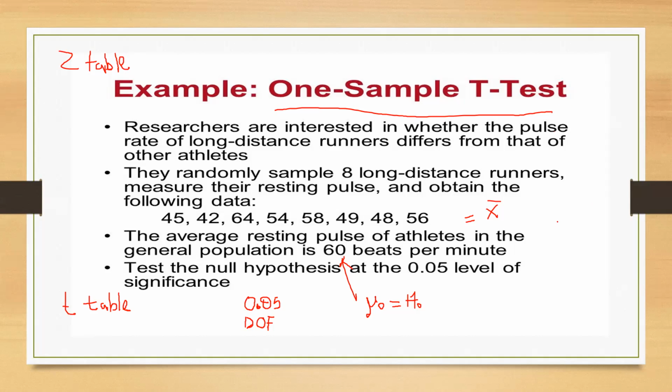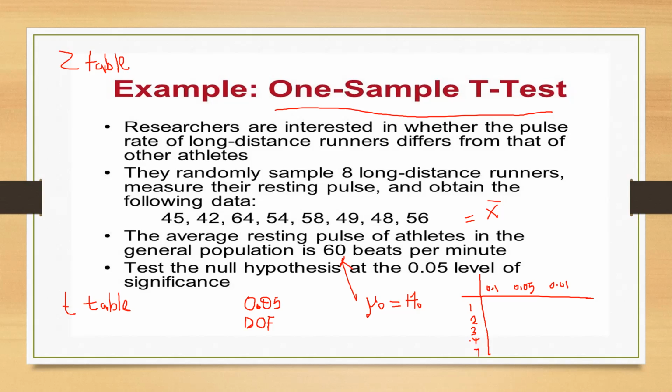Now, when you go to your table, you are going to see things like 0.1, 0.05, 0.01. On the vertical or on the horizontal, you have something like this. I hope you are following me.